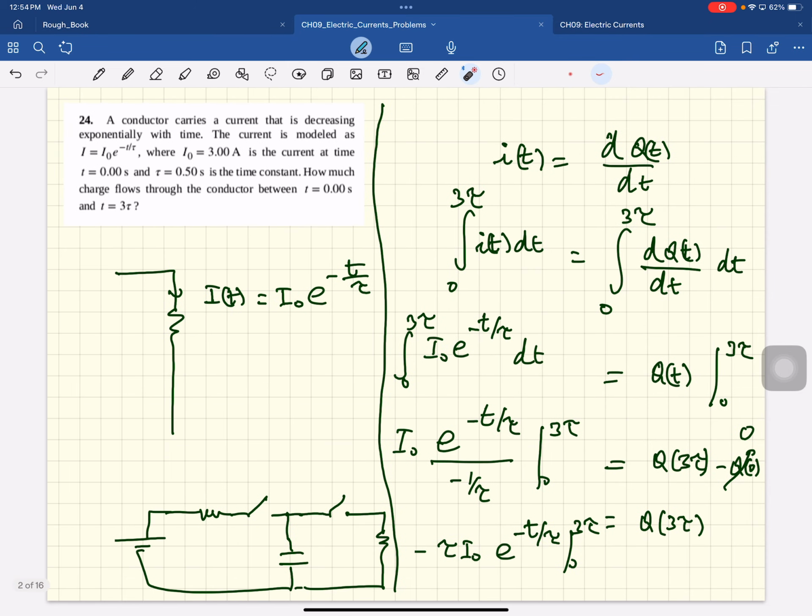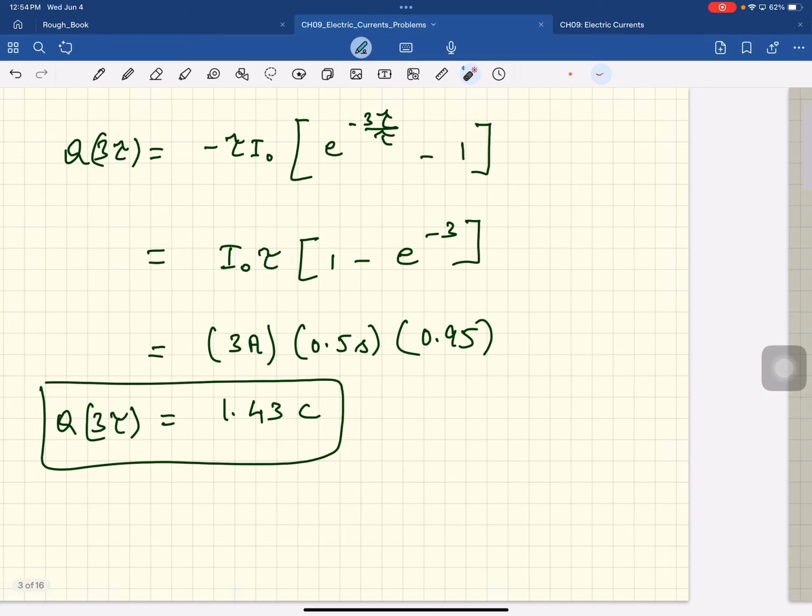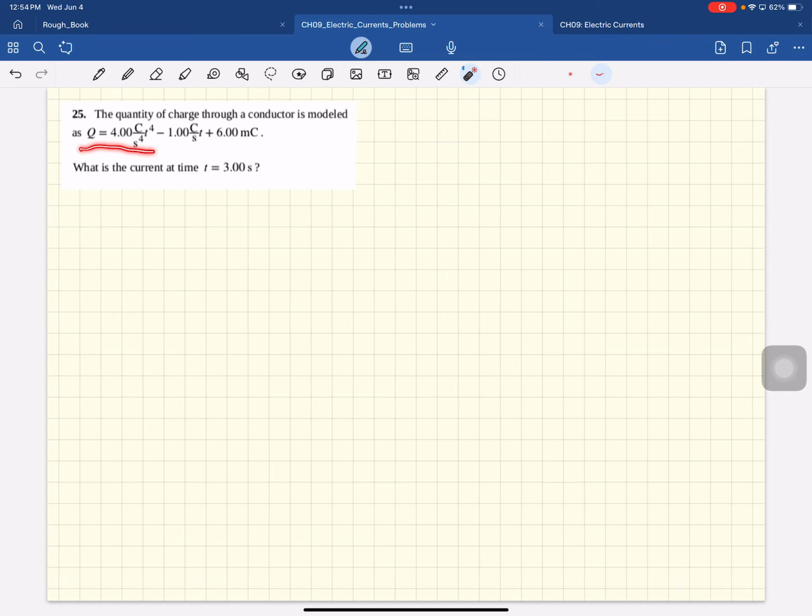So in this problem, you were given the current and you found the charge. And in this problem, you're given how much charge has flown and you want to find the current. So the quantity of charge through a conductor is modeled as that. What is the current at time t equal to 3 seconds?